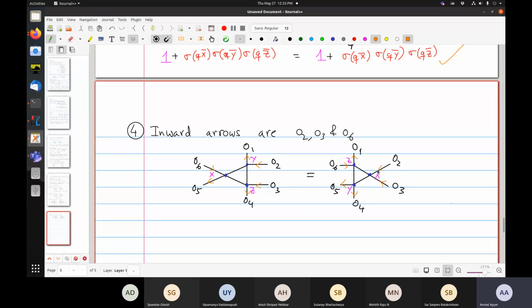You see on the right hand side there are two incoming at x. So these have to be two outgoing, and then you check and you fix this out. But on the left hand side, each one has one incoming, one outgoing. I didn't emphasize this, but that's because the incidences have changed. Here O1 is adjacent to O2, but here O1 is adjacent to O6.